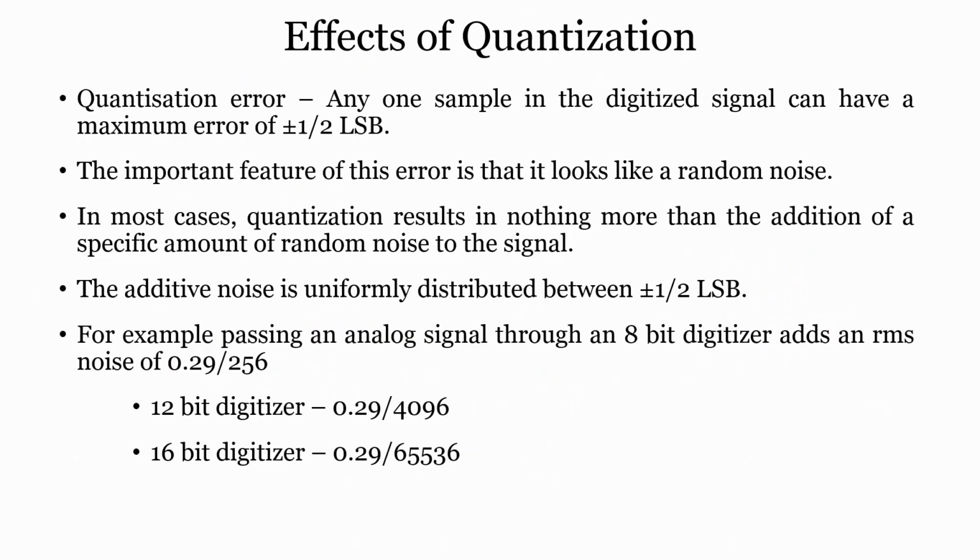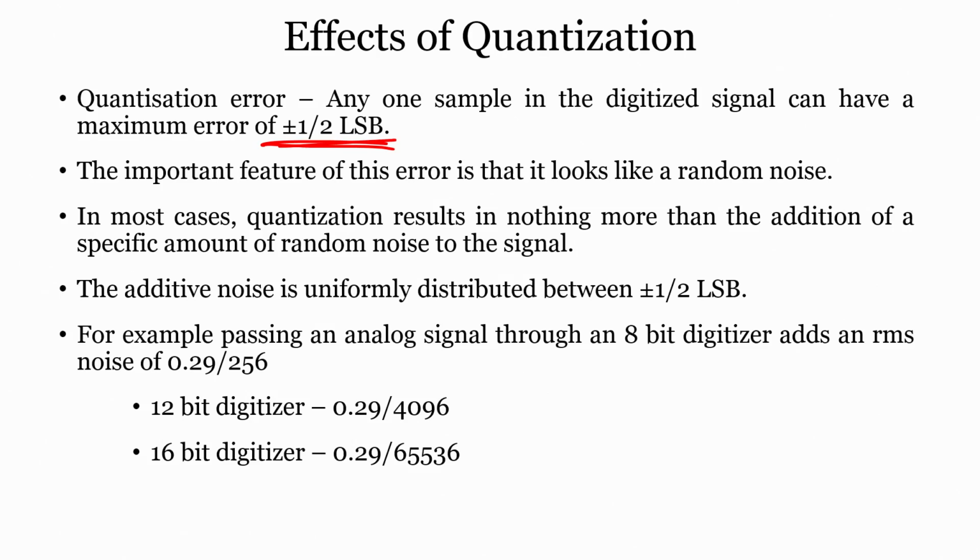Now, the effect of quantization. What will be the effect? Any one sample in the digitized signal can have a maximum error of... So, that is another thing you have to remember when you design your ADC: the quantization error can have a maximum value of plus or minus half of the least significant bit.